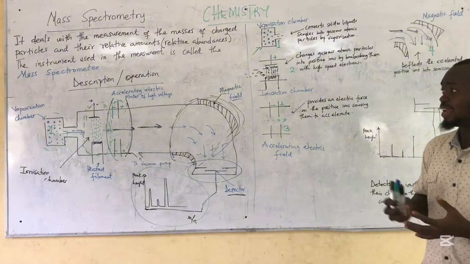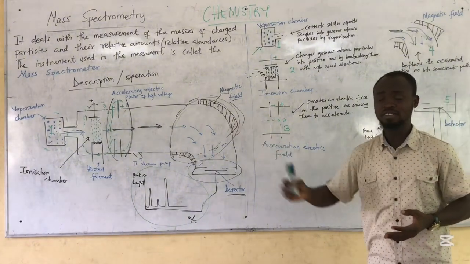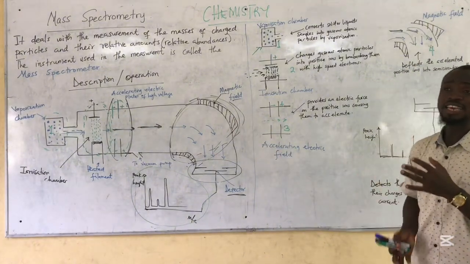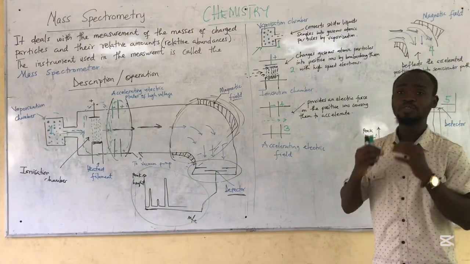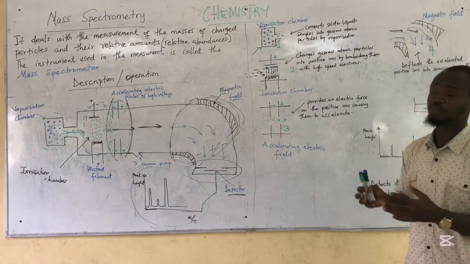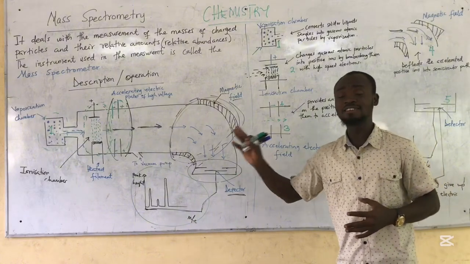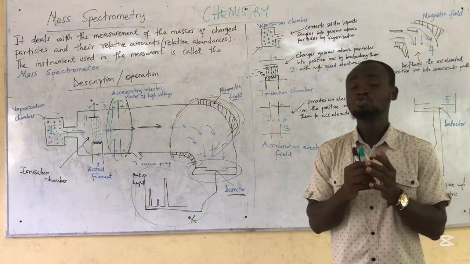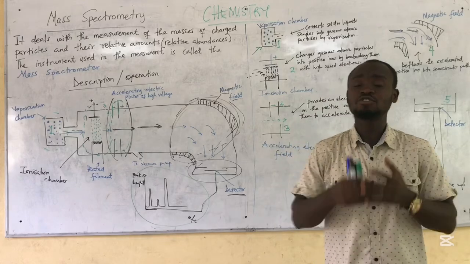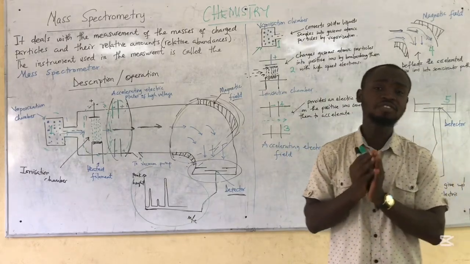First of all, the sample is placed in the vaporization chamber where it is heated, and then it converts, if it is a solid or liquid sample, into the gaseous atomic form. It then moves into the ionization chamber where it is bombarded with high-speed electrons to knock off an electron from the gaseous atomic particle to form a positive ion.